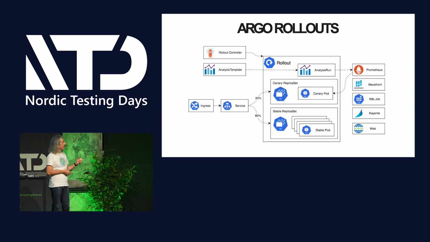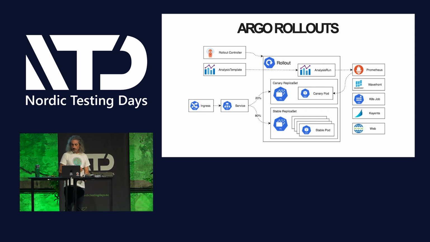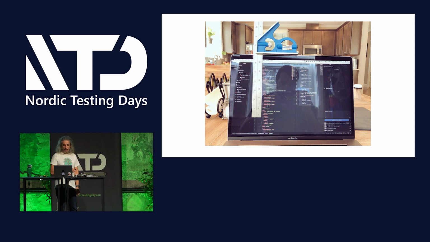And for metrics or analysis, there's a bunch of options to configure Argo Rollouts. You have Prometheus typically for metrics, but then there's a bunch of other options. Of course, this requires an amount of YAML configuration, and that's the preferred tool for coding with YAML.